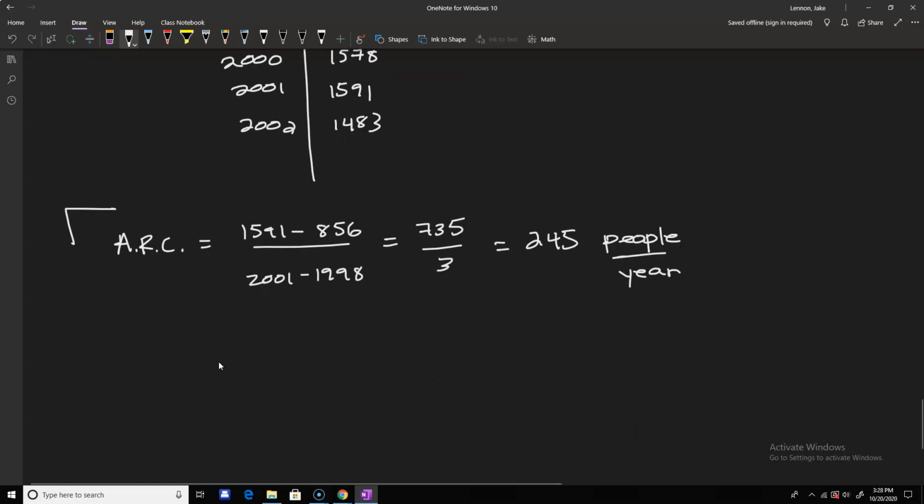So to make a prediction, we would take the output from 1591 and expect there would be 245 more people.